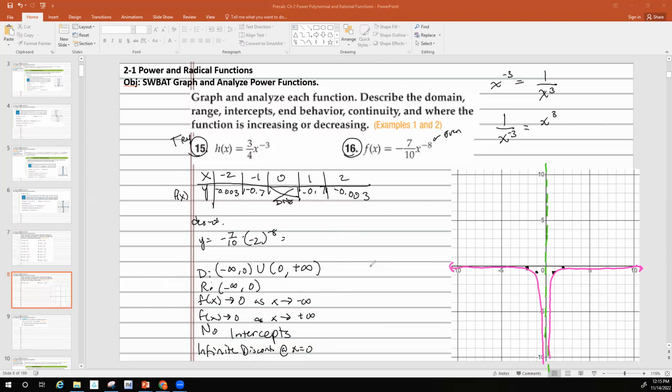And then from the very farthest left, going from left to right, it's going down. That's from negative infinity to 0. But then, as you go from 0 to positive infinity, it keeps increasing, keeps going up, slightly sometimes, but that's okay.